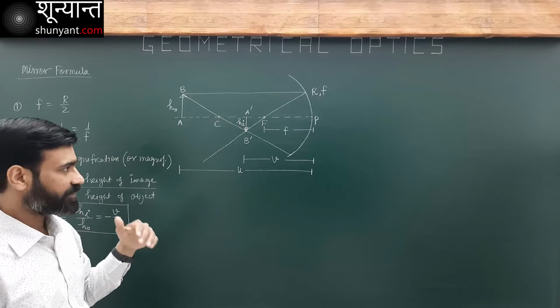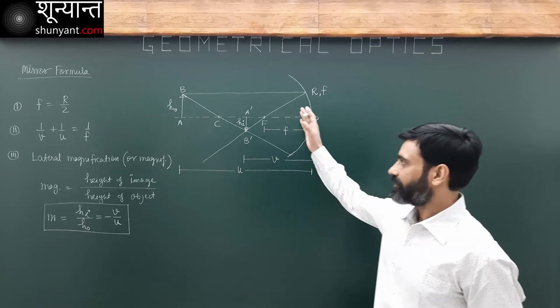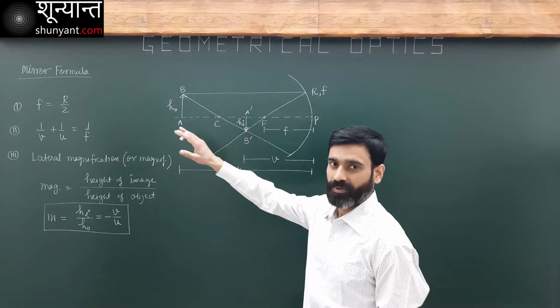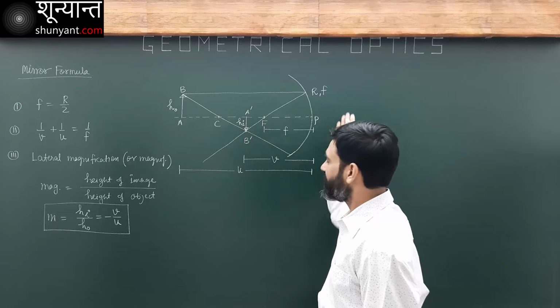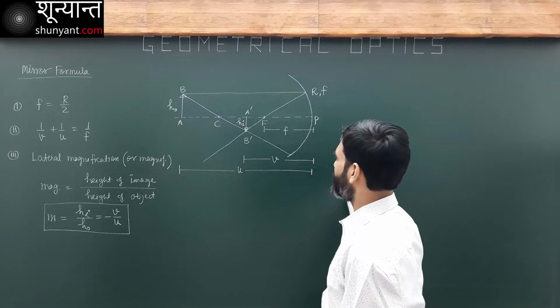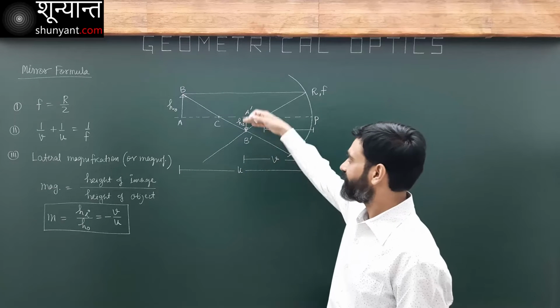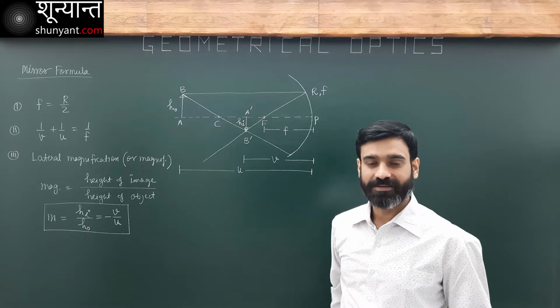Now, there is one sign convention. The object can be kept here, on the left of it. The image can form anywhere: to the left of the pole, to the right of the pole. The object is above the principal axis. The image can be anywhere. It can be above the principal axis, it can be below the principal axis.